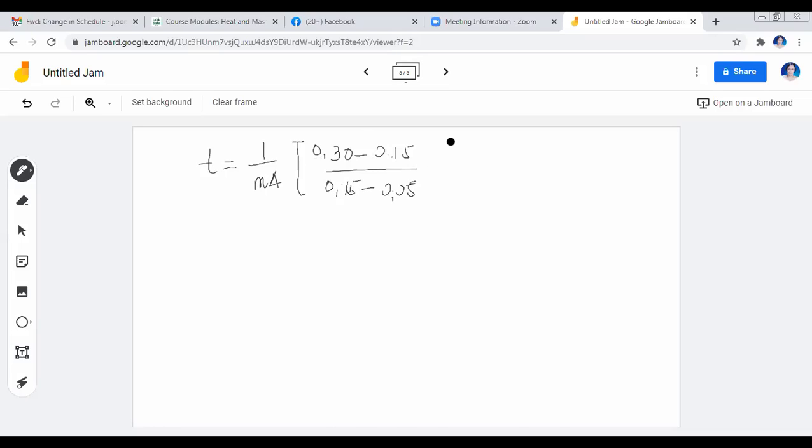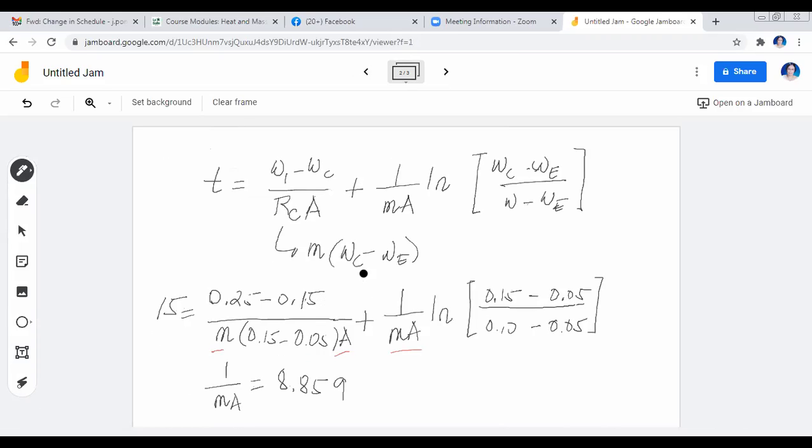Where am I getting this? It's here, class. If you take out the 1 over MA, what is left is omega 1 minus omega C over omega C minus omega E, because you have factored out 1 over MA in the denominator.